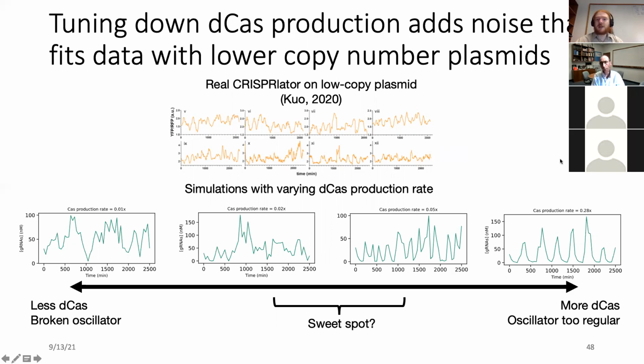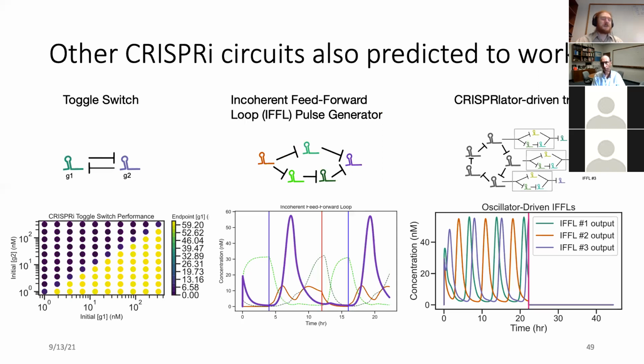So I'm out of time to talk about the CRISPRilator further, but I do just want to mention that the same model can be used to investigate and describe a number of other CRISPRi circuits. You can make toggles, you can make pulse generators that make a temporary pulse. You can hook these things together and make multi-pulse generators driven by a CRISPRilator.